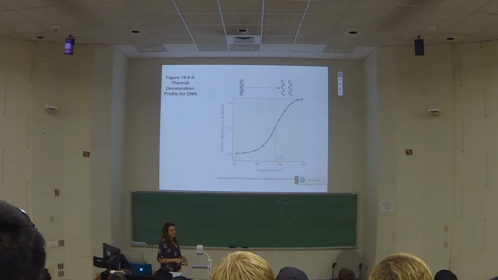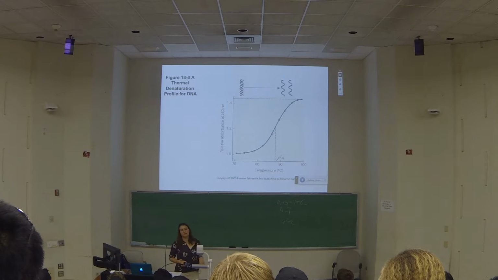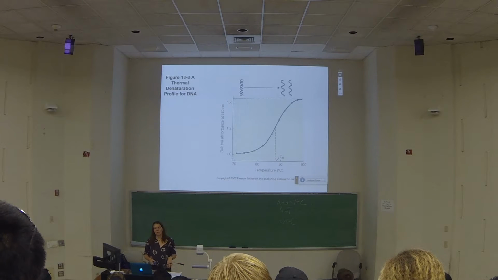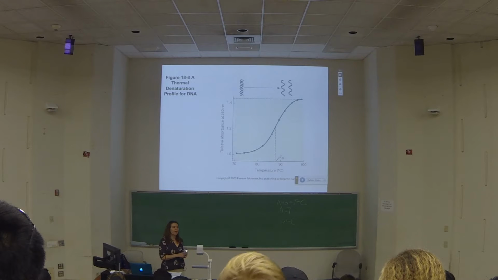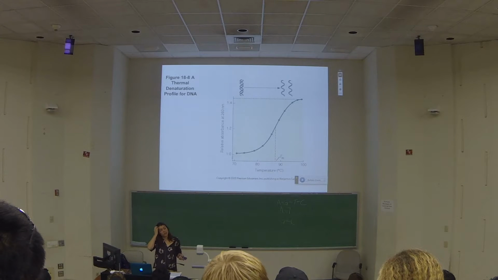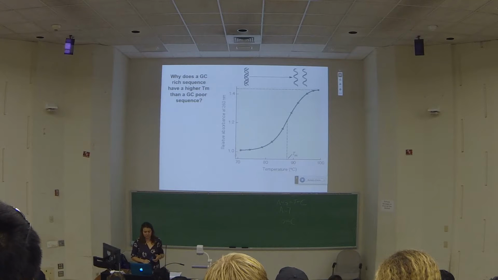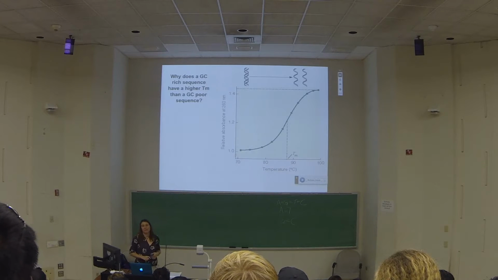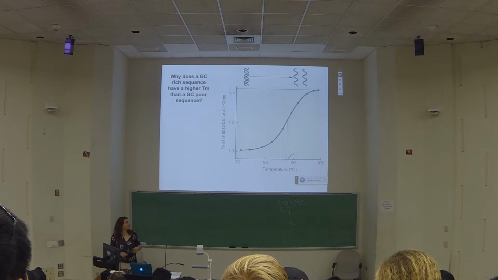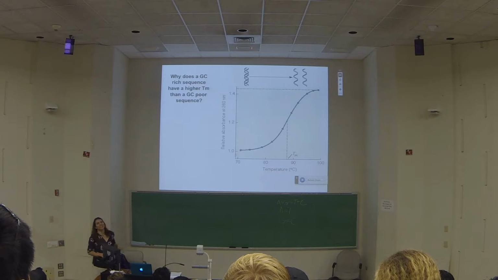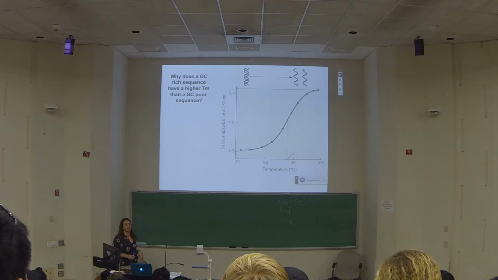If we think about our hydrogen bonds, what does the nucleotide content have to do with our melting temperature? More specifically, what does the GC content have to do with melting temperature?